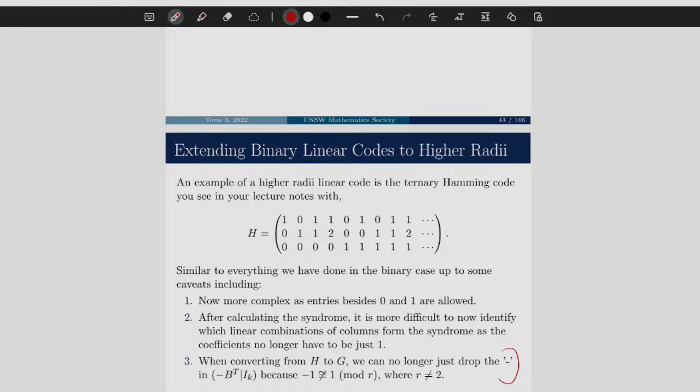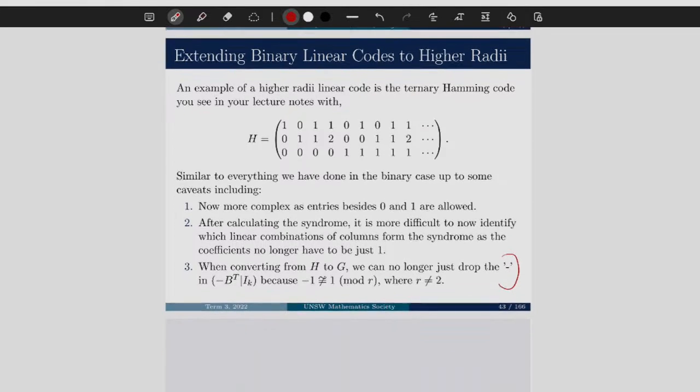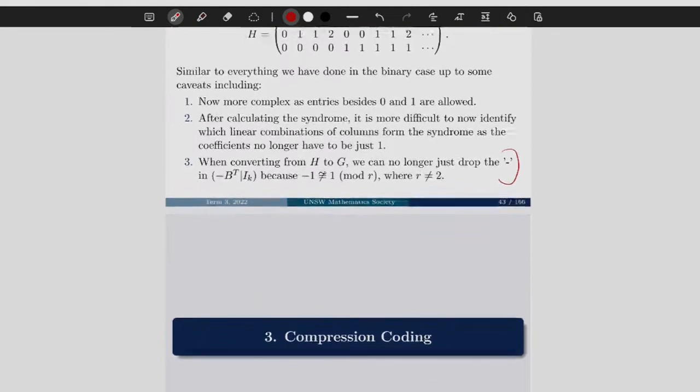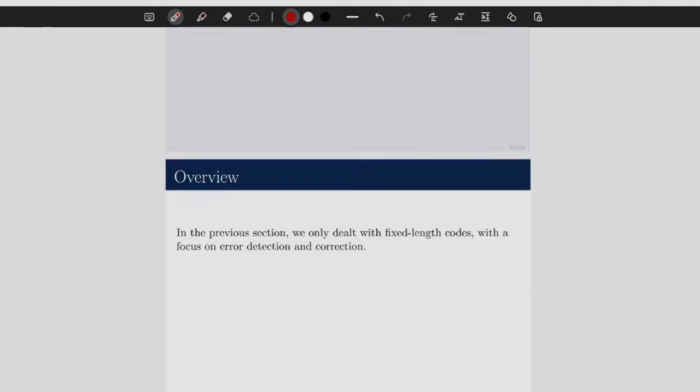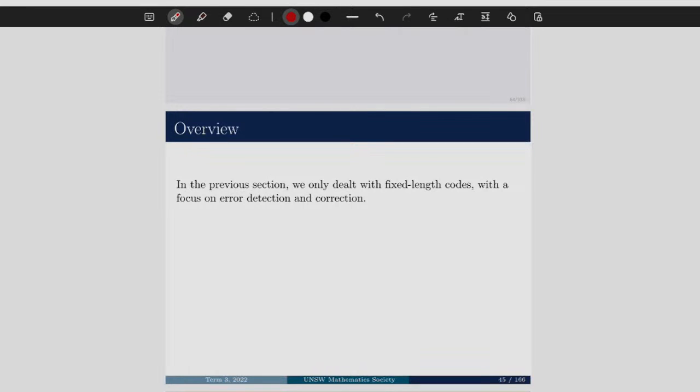Let's go on to topic 3, compression coding. I kind of alluded to this earlier, and compression coding is where we're essentially looking at the idea of efficiency. How good is the code, right? In the previous section, we only dealt with fixed length codes, which had a focus on error detection and correction.